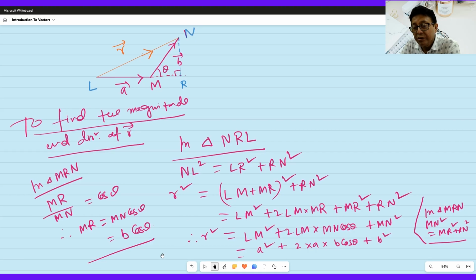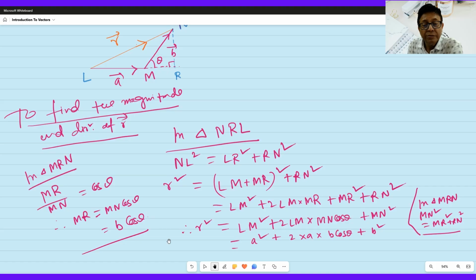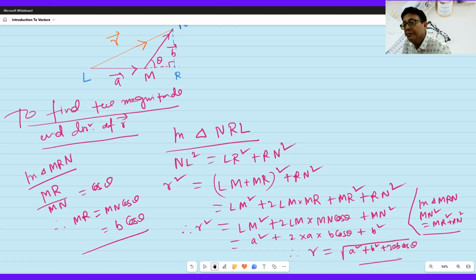So I got the value of R in terms of A and B now. So R equals under root A square plus B square plus 2AB cos theta. Clear?